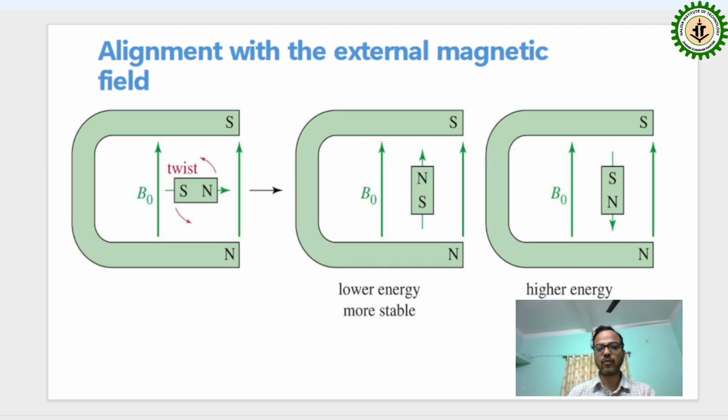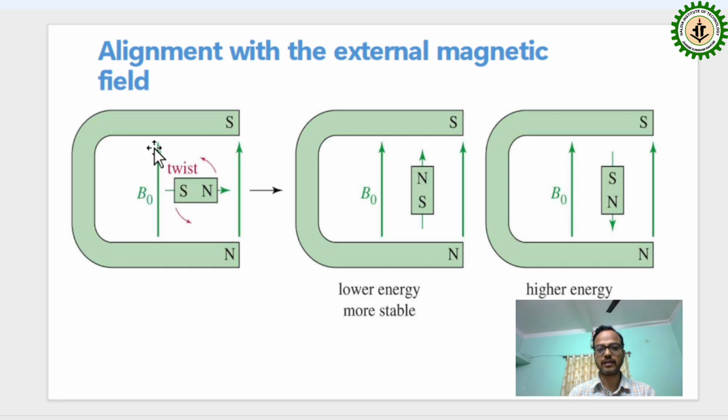Now what happens in NMR? If we place the small bar magnet in a large magnetic field, then what happens? This is the small magnet, and this is the large bar magnet, which has a north and south pole, and here we can place the small magnet in this way.